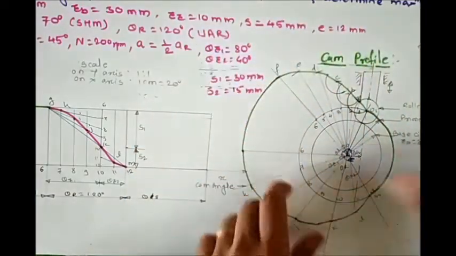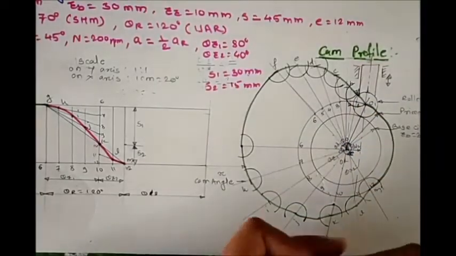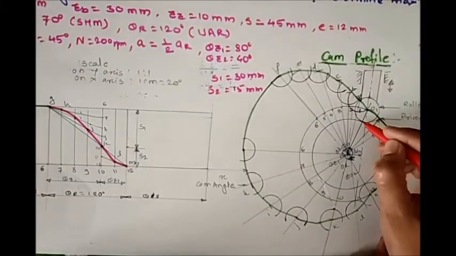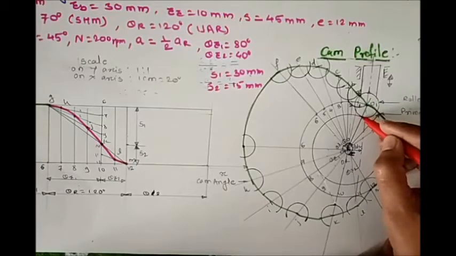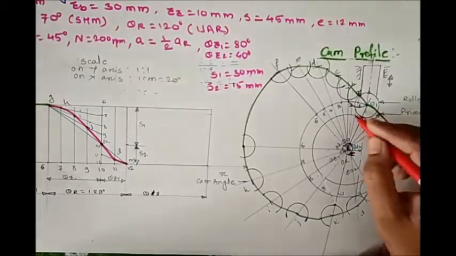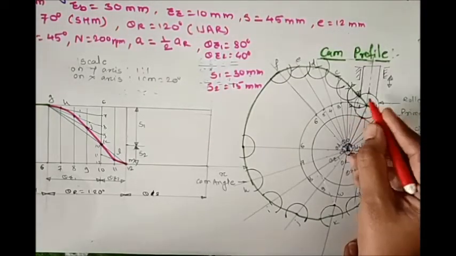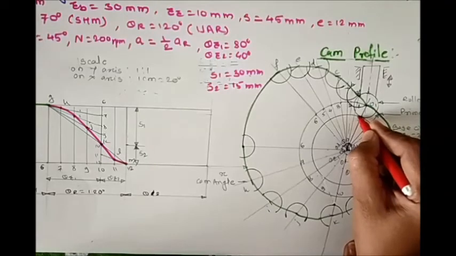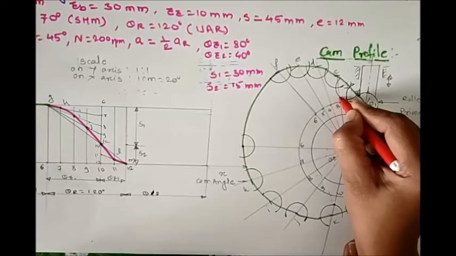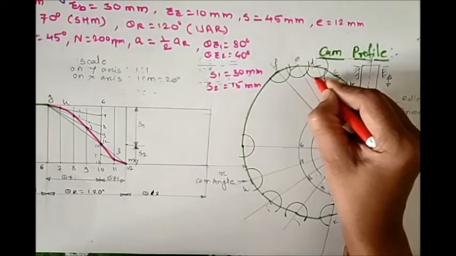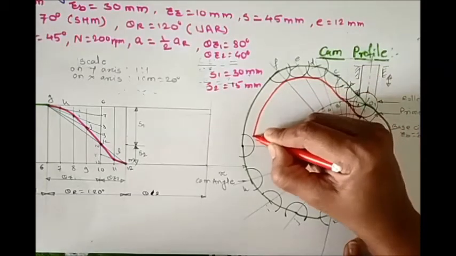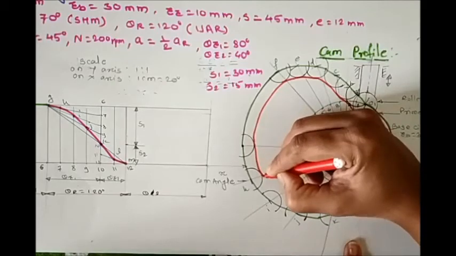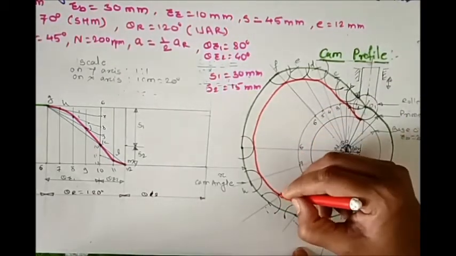Now to draw the cam profile, as we can see, this roller is tangent to this base circle. Now from that point just draw a curve which is tangent to the roller smoothly, and that is our cam profile.